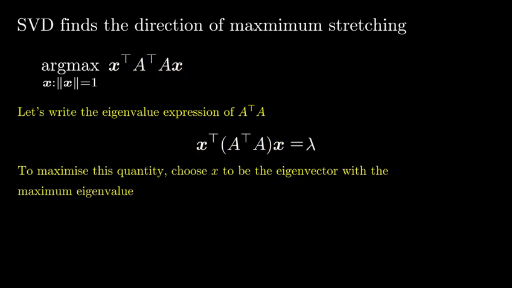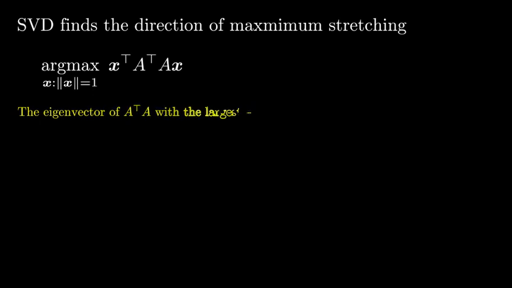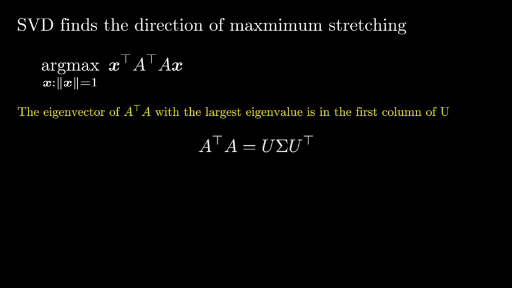And to maximize lambda, we can simply choose x to be the eigenvector with the largest corresponding eigenvalue. And if you recall, the columns of the matrix V are the eigenvectors of the matrix A transpose A. So the eigenvector of A transpose A with the largest corresponding eigenvalue is going to be the first column of V.